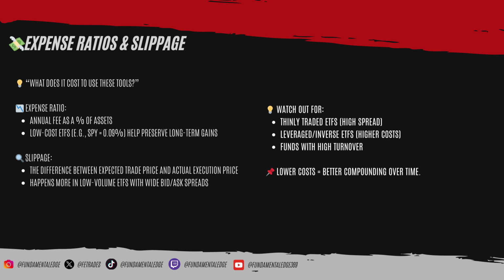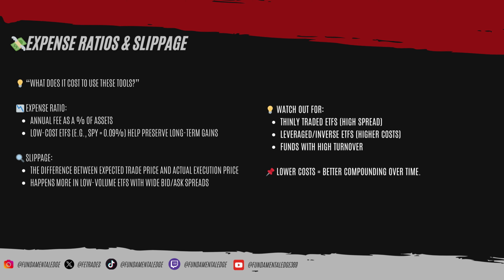High turnover equals more internal trading, which equals more hidden costs. In short, keep your tool belt sharp, but keep it efficient. Every percentage point saved in cost is a percentage point gained in return. So now you know the tools, how they function, and what they cost. Let's bring it all together with portfolio construction.